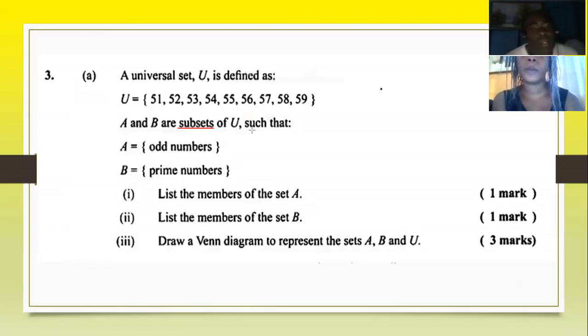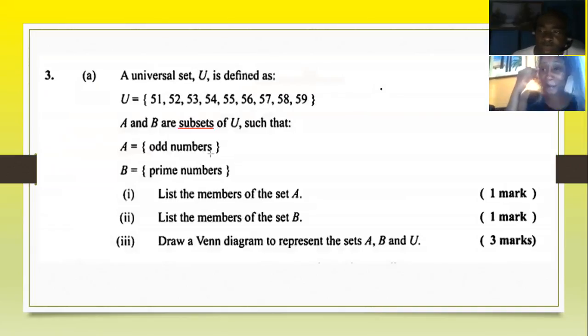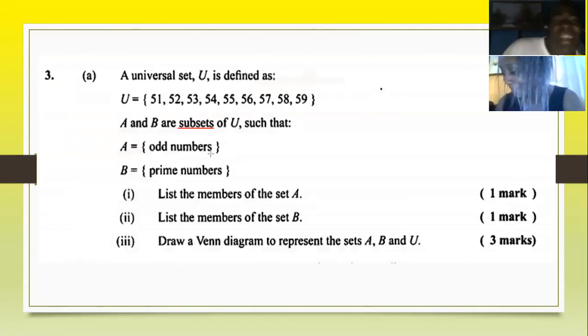Now, do you know what odd numbers are? Odd numbers are numbers that cannot be divided equally by two. It's not wrong if you don't remember, you can look it up.